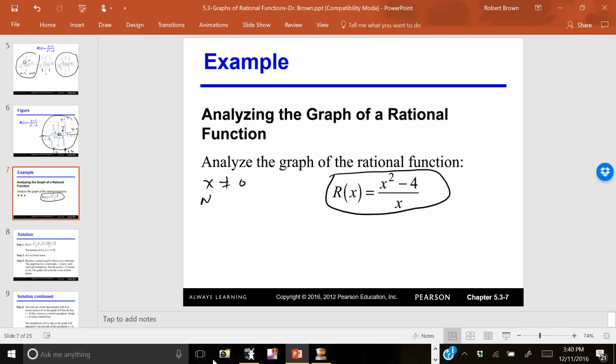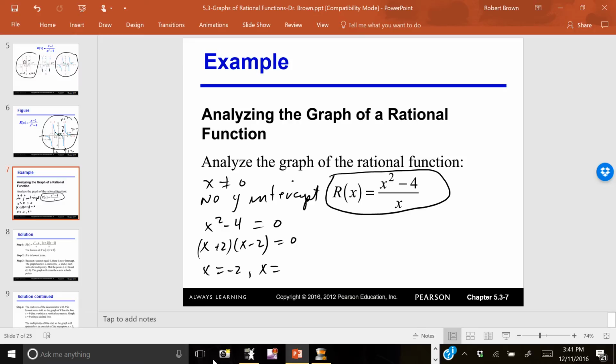Therefore, there's no y-intercept. There are two x-intercepts where x squared minus 4 equals 0, or x plus 2, x minus 2 equals 0. So the vertical asymptote would be x equals 0.